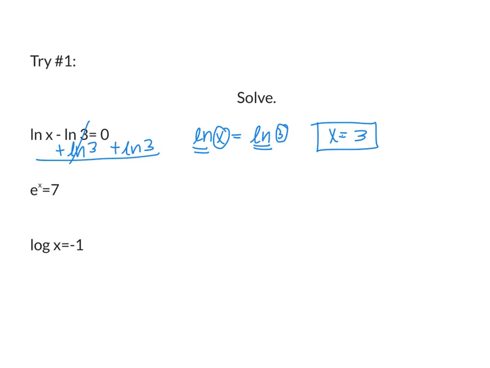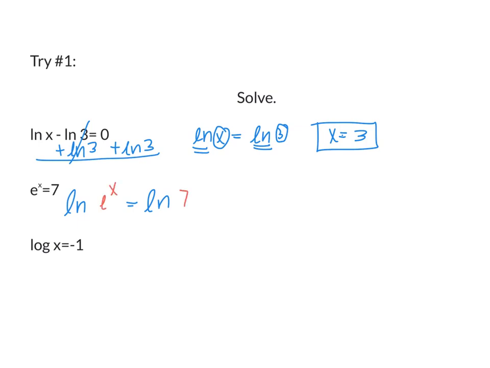If we look at the second one, e to the x equals 7. What we can do is apply the natural log on both sides of this equation. What I had originally is e to the x, and I have 7 still.